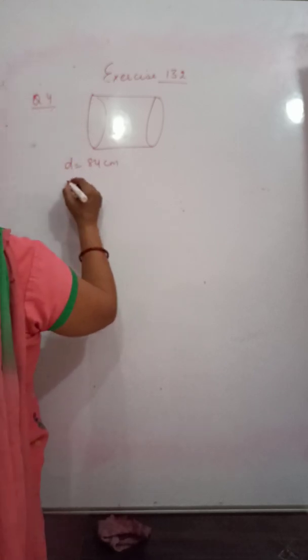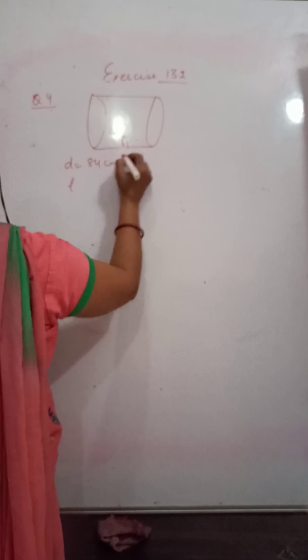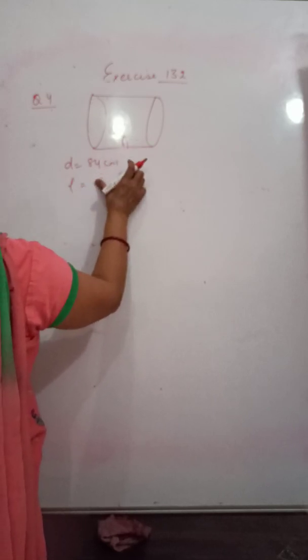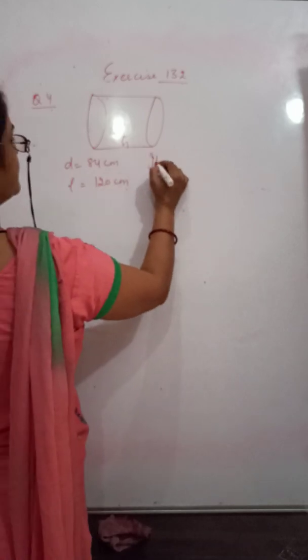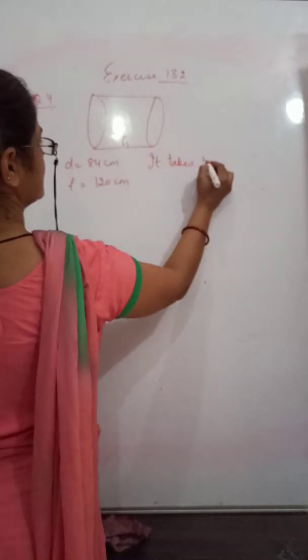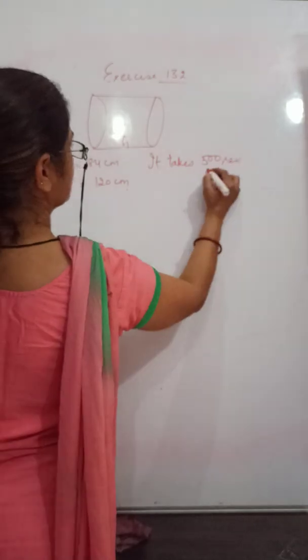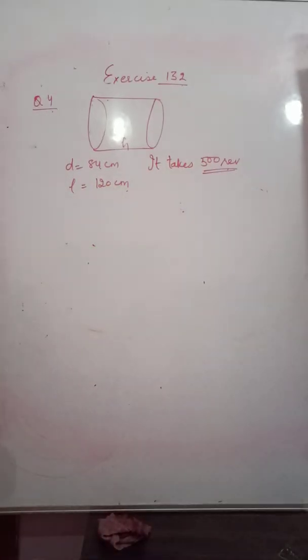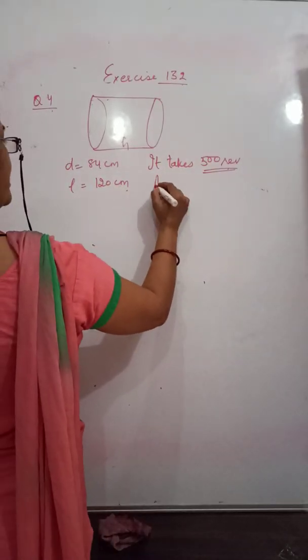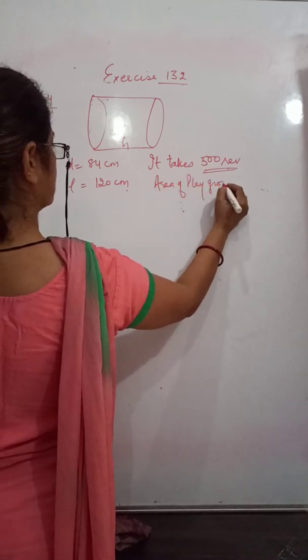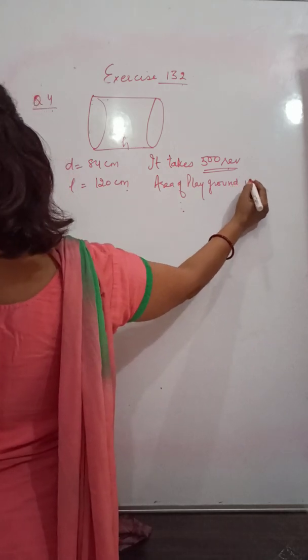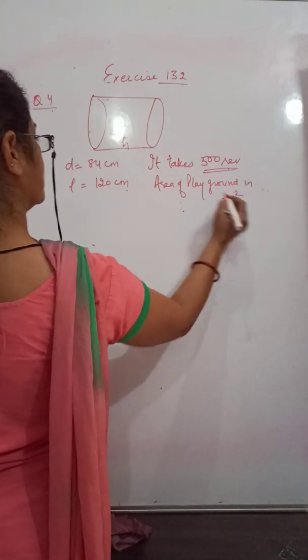Length, that is, height is 120 centimeter. It takes 500 revolutions. You have to find the area of the playground in meter square.